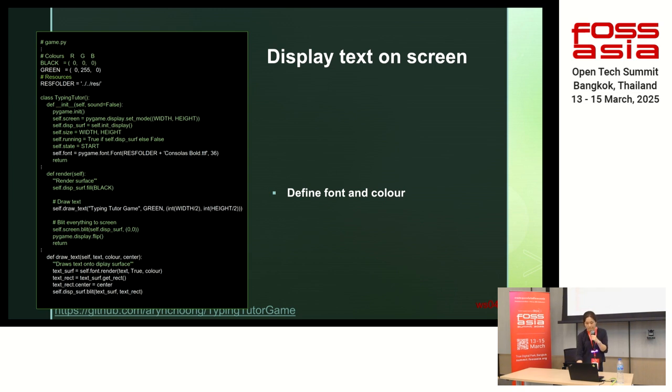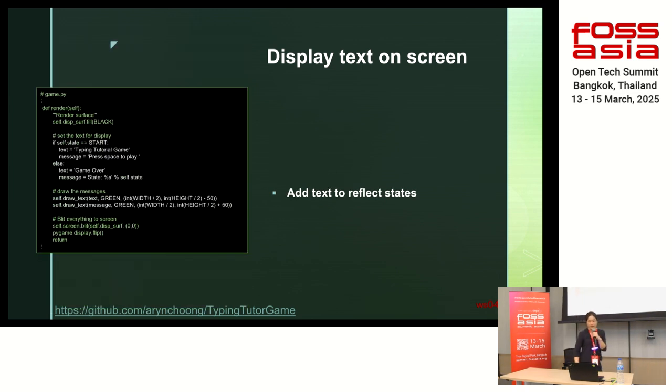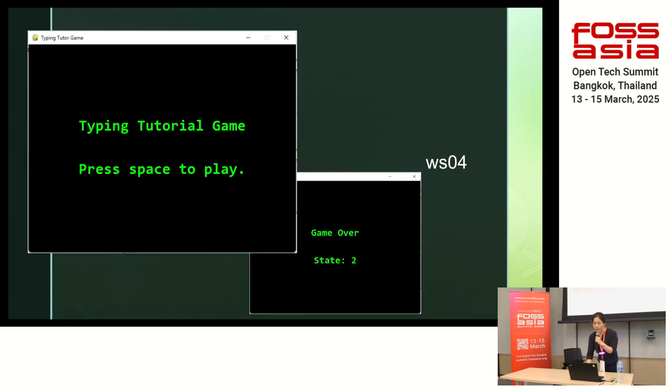Okay? And this is workshop 4. Then we add our text to display the different states. Because we have already prepared our function, it will blit perfectly. And if you run workshop 4, that's what you get. Simple.